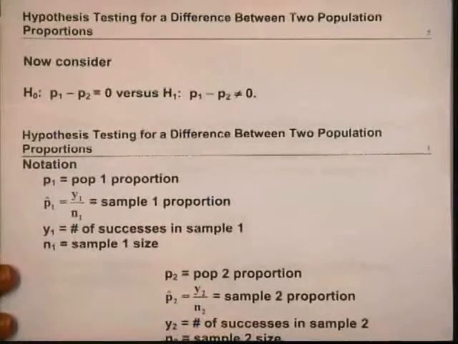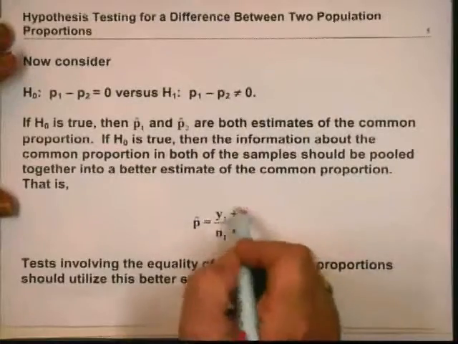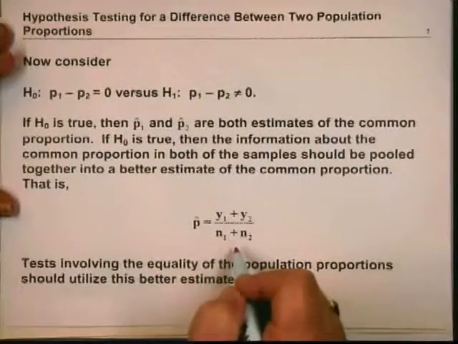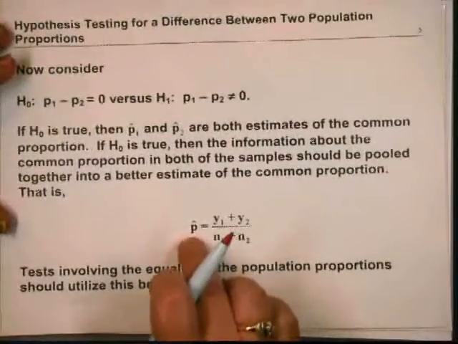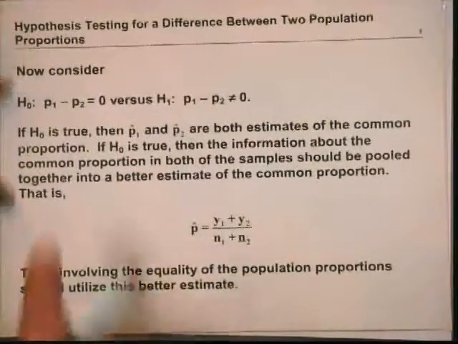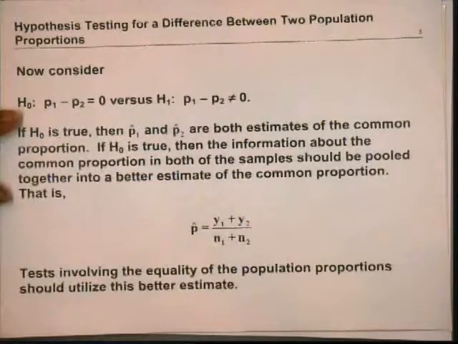So this is the total number of successes divided by the total sample size that we look at. That P hat value would be a better estimate of the proportion if H naught is true. Tests involving the equality of the population proportions should utilize this better estimate then.